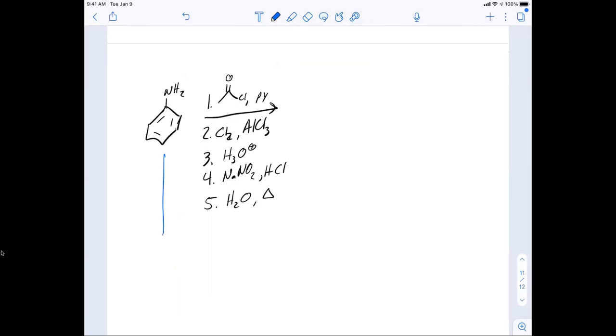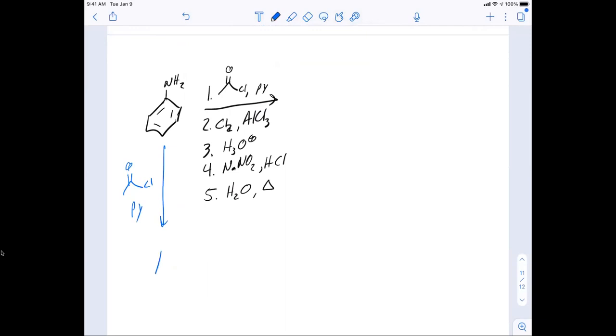Okay, on this bottom one, the first thing we're doing with the acid chloride and the pyridine is we're going to be protecting that amine.